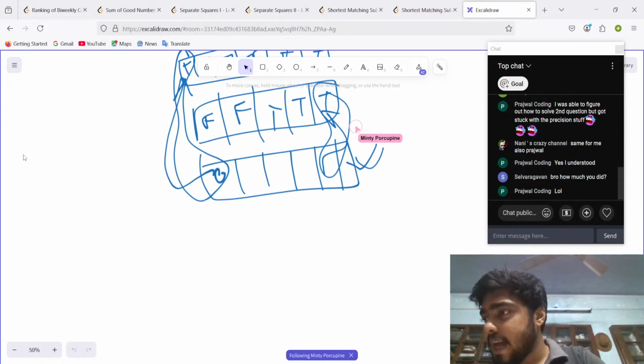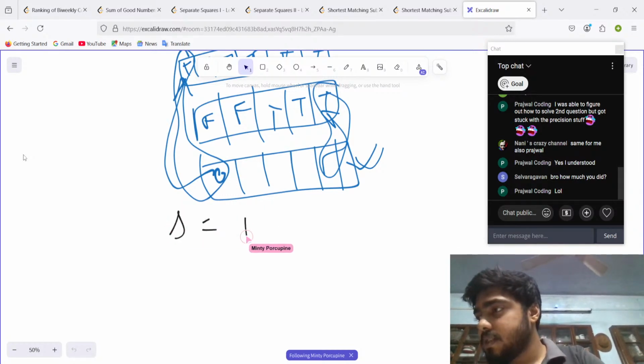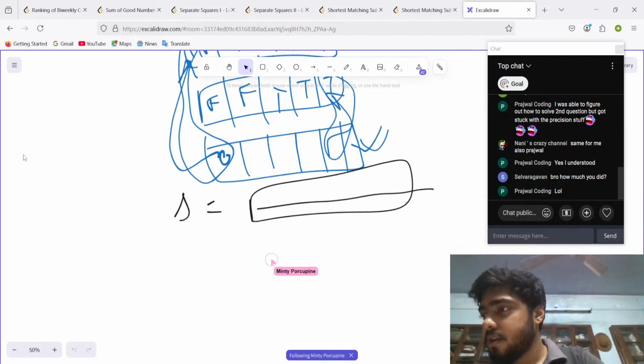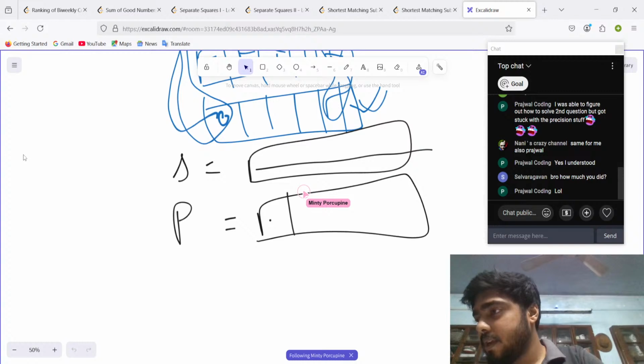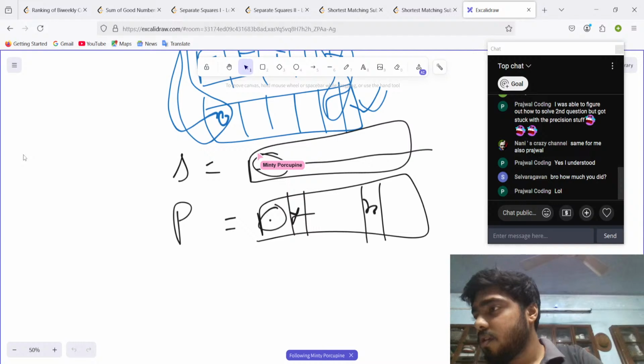If you want an example, let me go with an example. Let's say S is some string, and P is a string where there is a star over here and a star over here. So this occurs in S over here, over here, over here, over here.